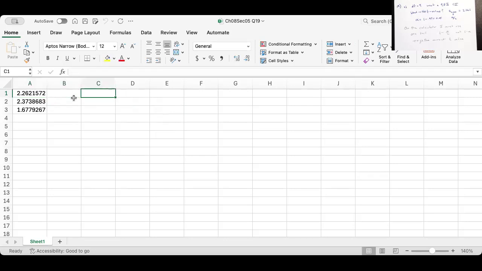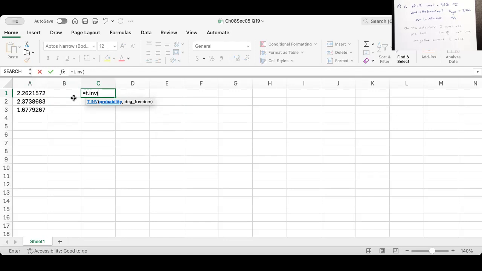T.inv, you'll notice there's one without the 2 tail on it. That is one side. Now, the assumption here, we're using a CDF, it's going to give me the left side.